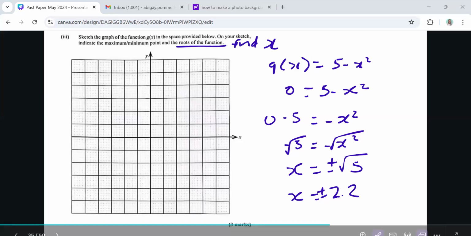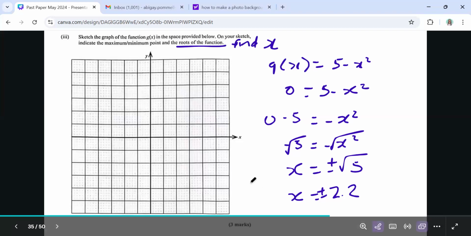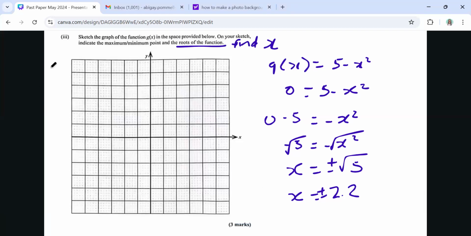I can't add another slide. So let's see. All right. Using the equation of a line, let's just go over here.